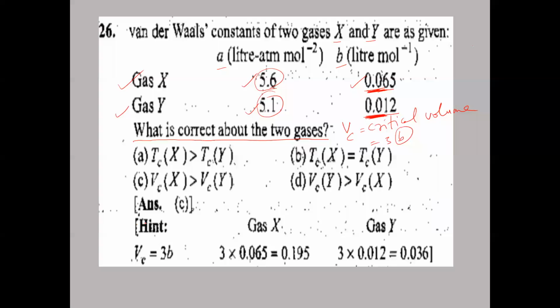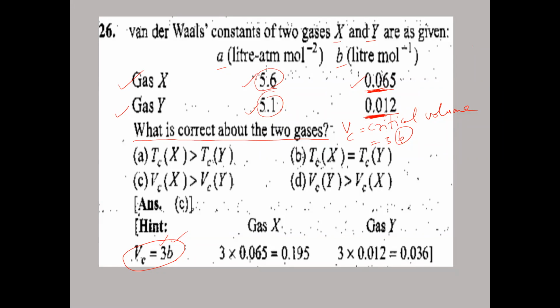Remember that critical volume is equal to 3 into B. About these critical conditions we'll discuss later. But anyhow, as we are discussing important problems, once again try to understand that critical volume VC is equal to 3 into B.